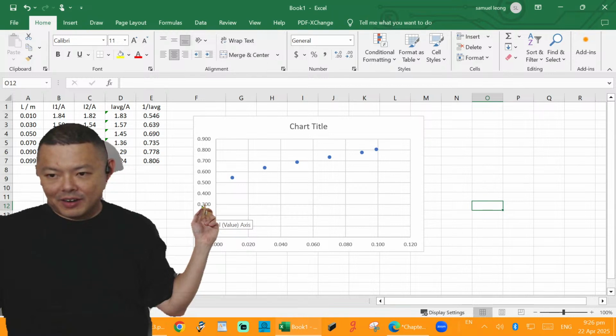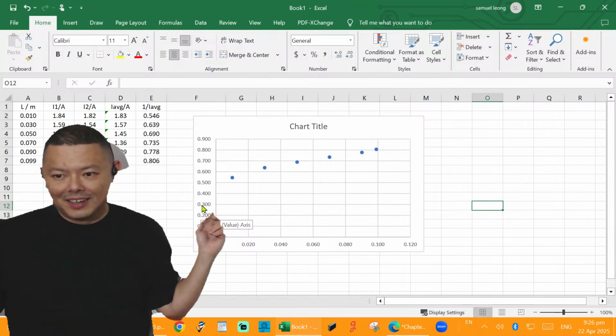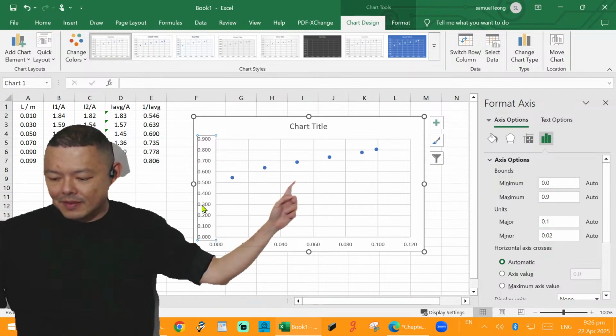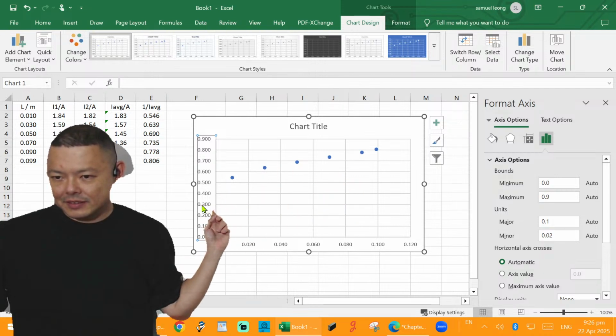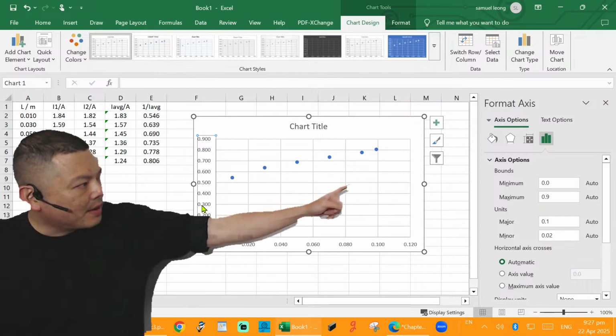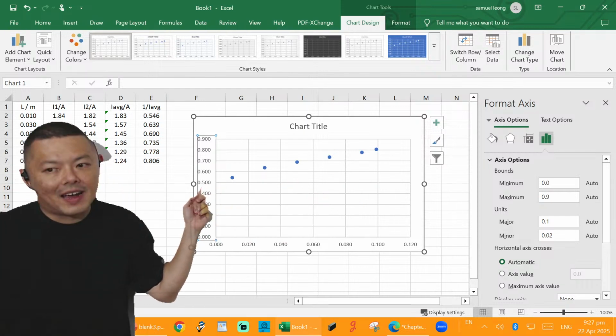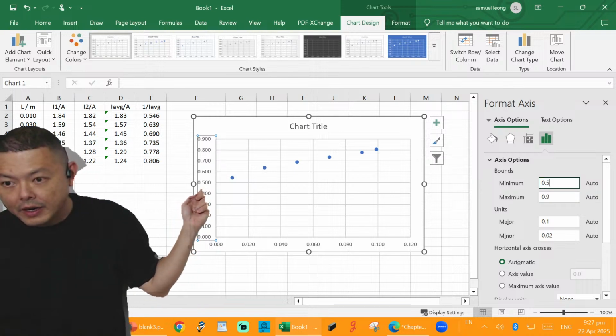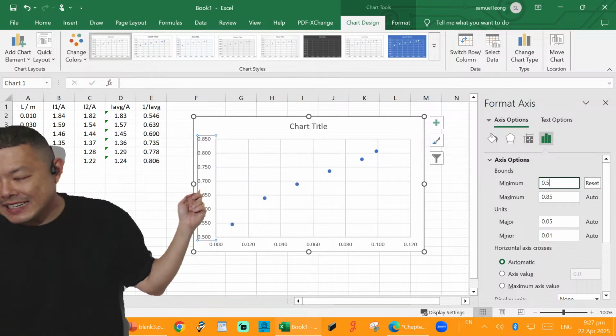So I'll double click on the y-axis. This is damn extra work. Double click on the y-axis. You see the thing pop up over there? I will make the minimum 0.5, so that the graph looks a bit nicer to scale.